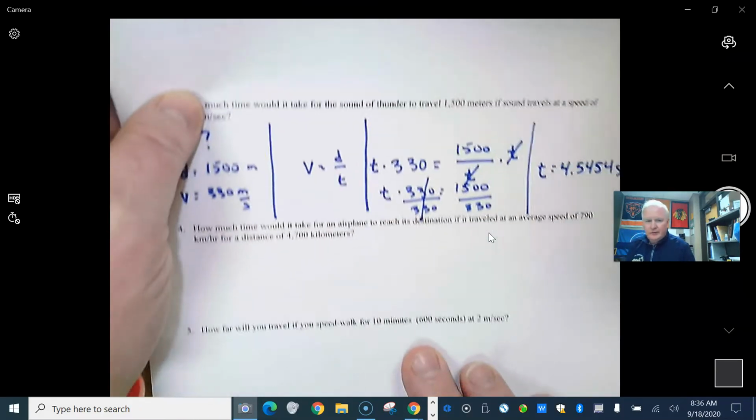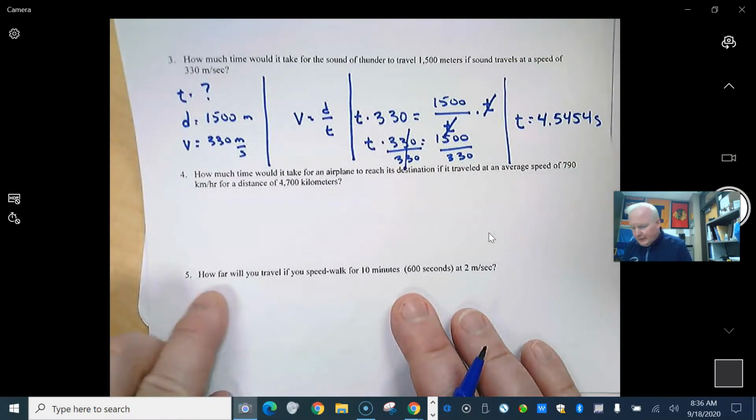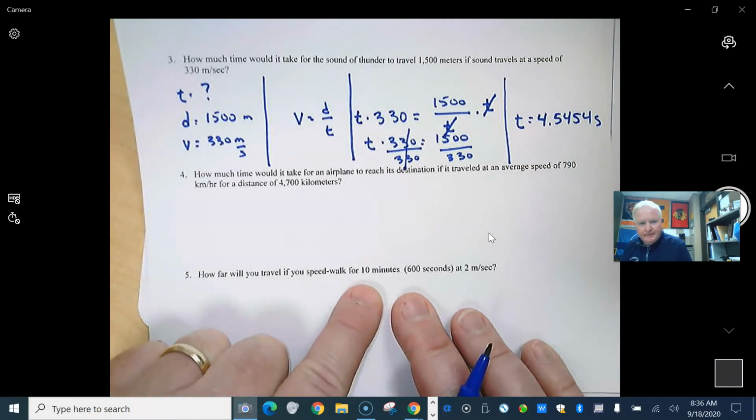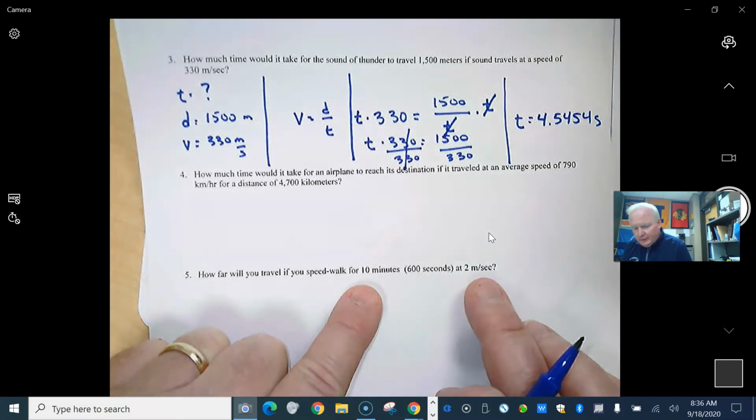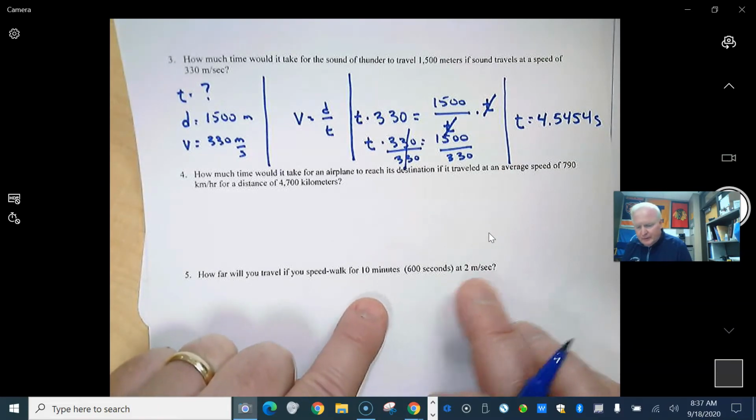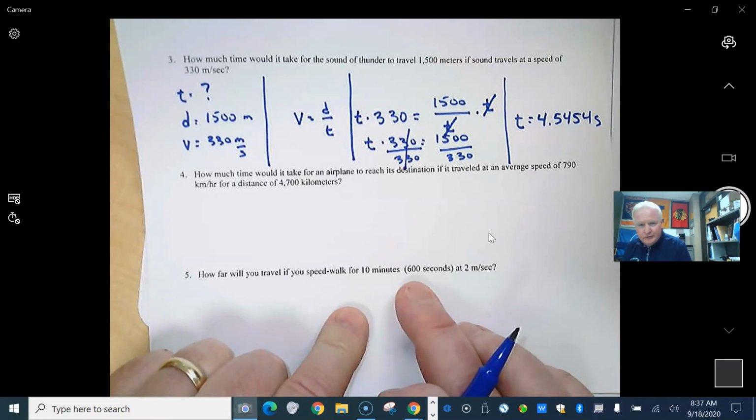Okay, so here's the problem right here. Problem 5, if you're having trouble, I'm just going to give you a hint, and that is if they give you a velocity in meters per second, then which of these two times should you use in the problem? Okay, our units should match.